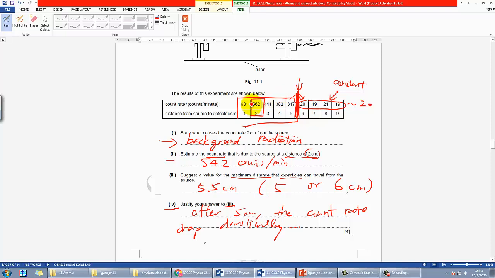All this alpha has been ionizing the air in this 5 cm, so it can't ionize further, and that's why we just have to explain from the data itself that that is the maximum distance.